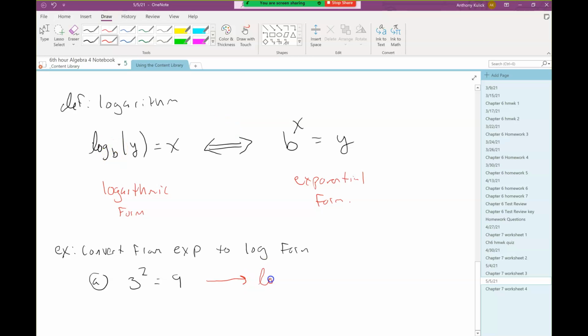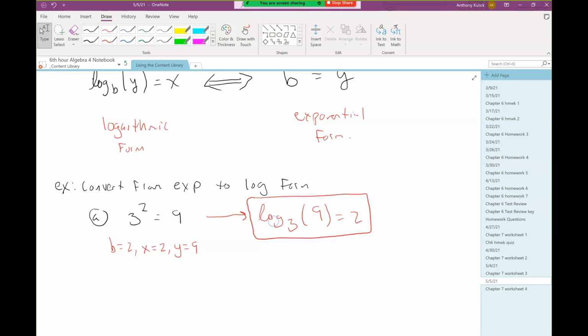So in this case, I have log base 3. The y is 9, and the x is 2. Everybody okay with that?